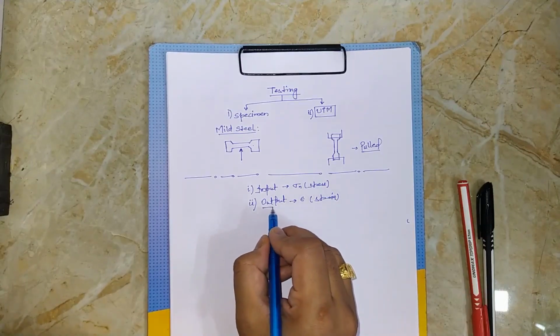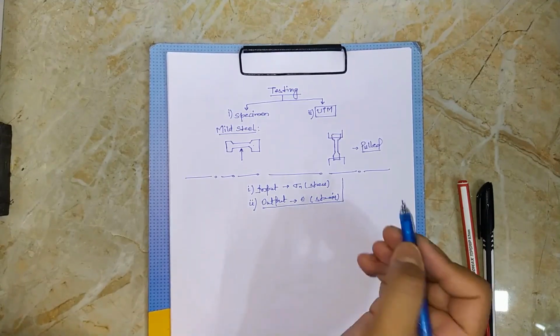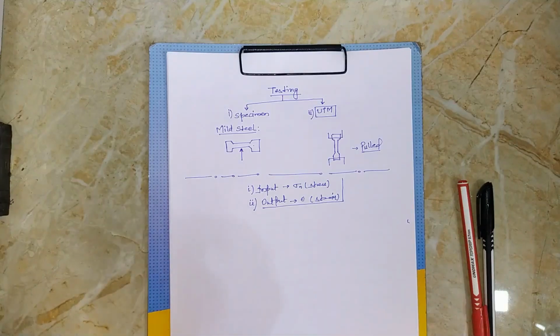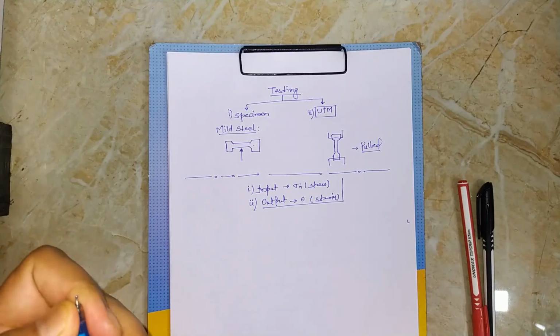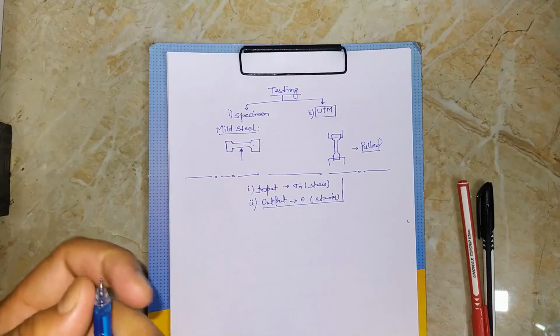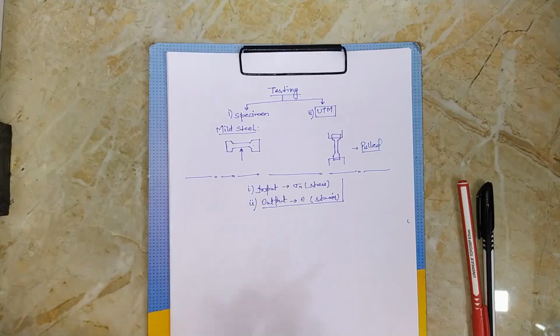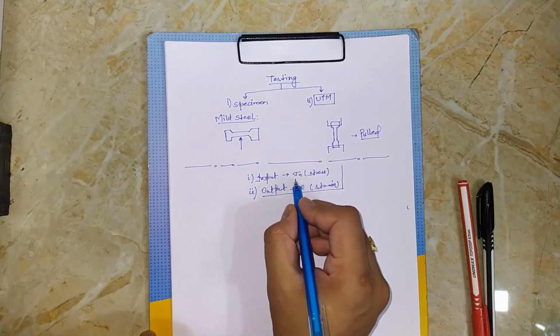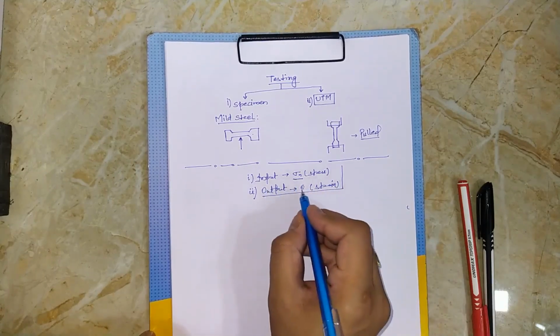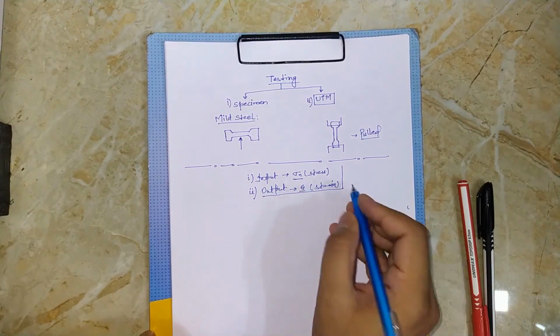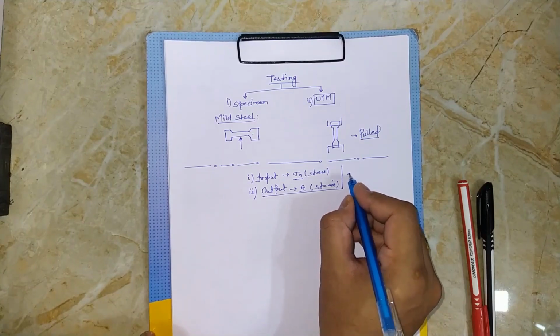This is a confusion and sometimes misleading. Also, in textbooks it is sometimes not clearly defined what is the input given to the specimen by the UTM and what is the output obtained. So if you think that the input is stress and the output is strain, this is not correct.